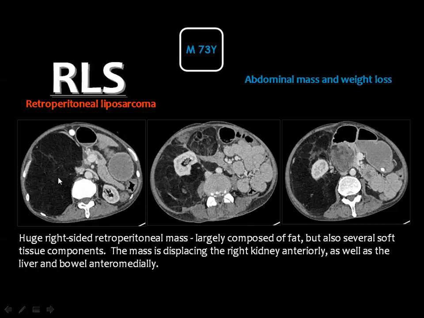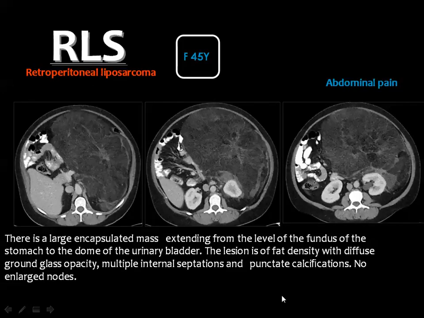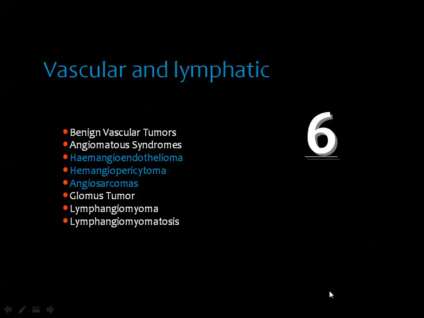You should consider any fat-containing mass in the retroperitoneum as liposarcoma until proved otherwise. And this is another example. You see a fatty mass with a significant amount of soft tissues and internal septations adjacent to the kidney, and this was a retroperitoneal liposarcoma.